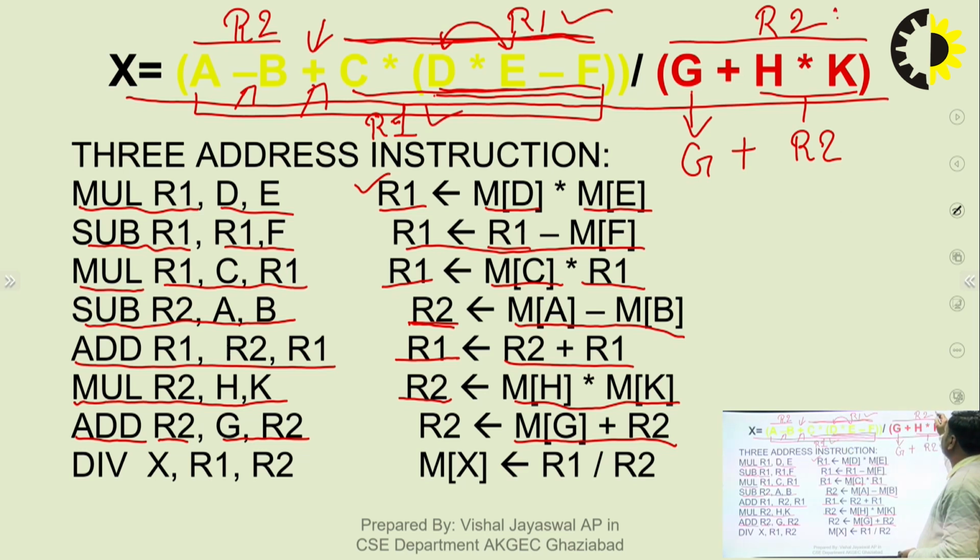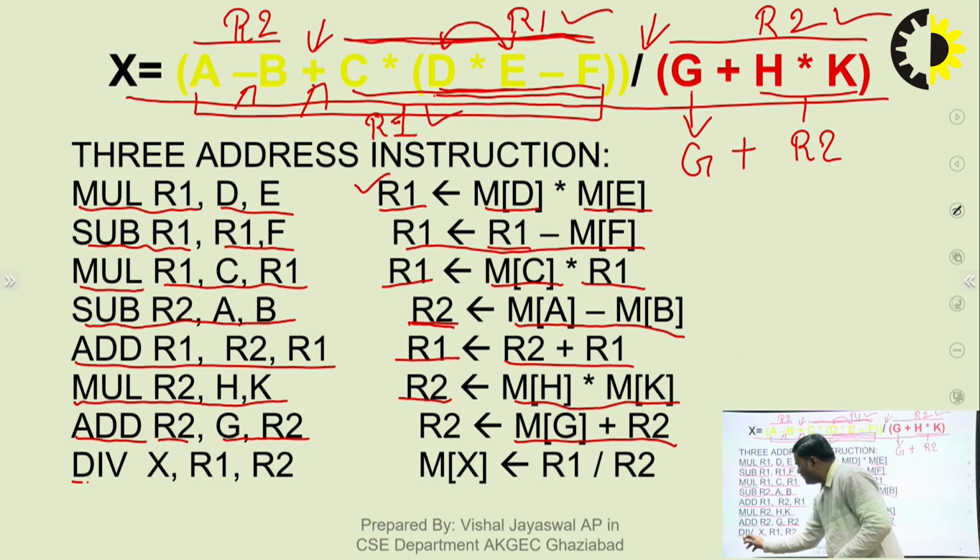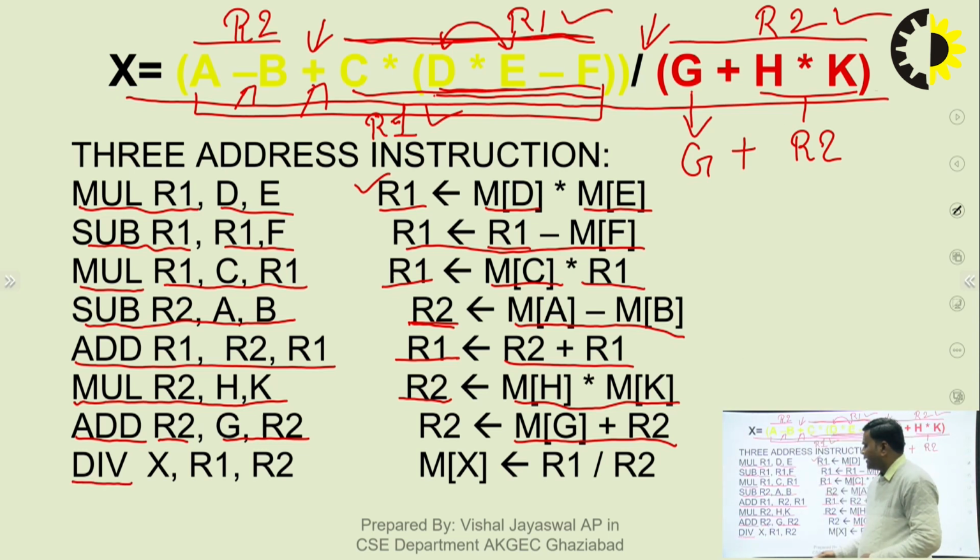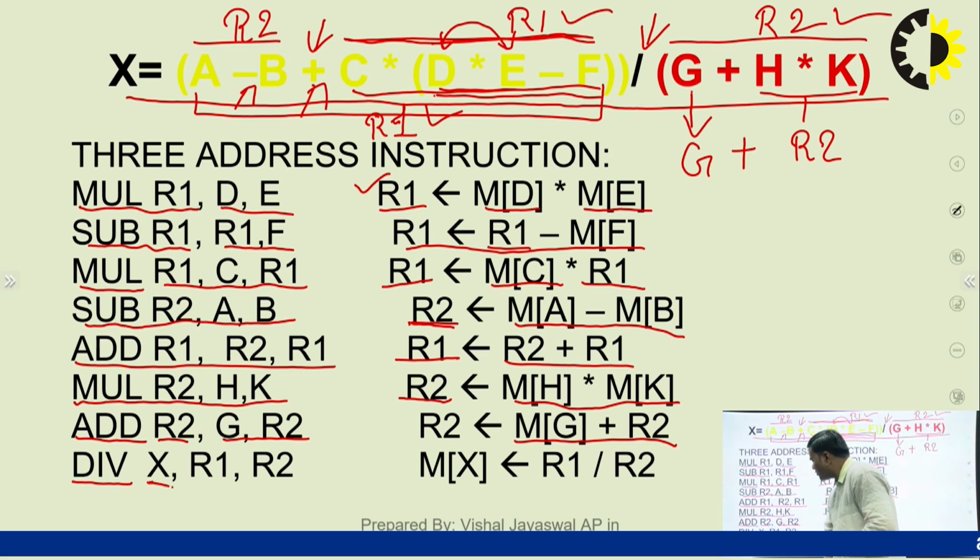Our denominator is in the R2 register, and there is one operation to be performed, that is division. For this we are going to use the div instruction, that is div X comma R1 comma R2.